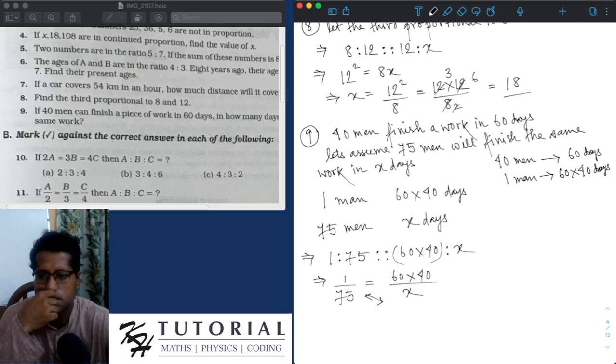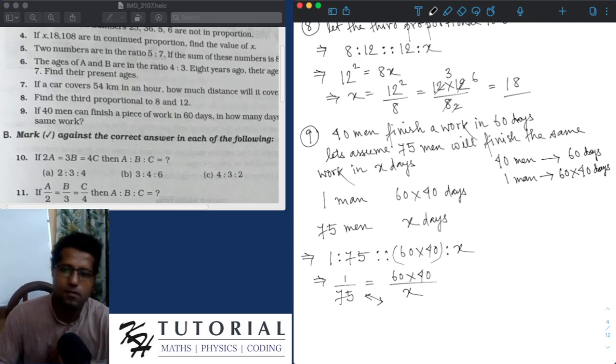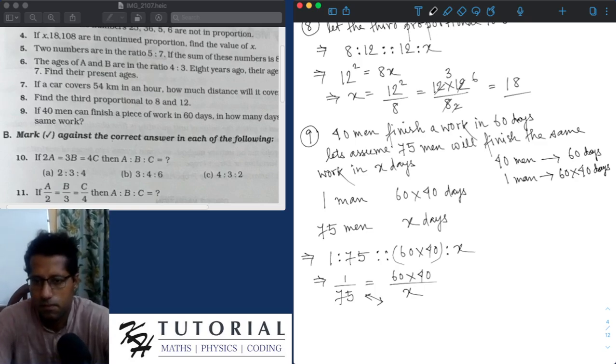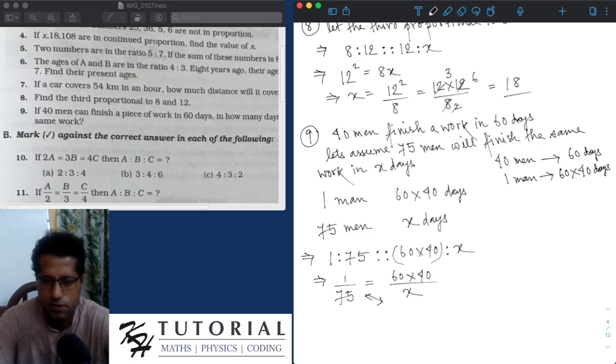So one man is completing the job in 60 into 40 days. So 75 men, if we have assumed that 75 men will complete the job in X days.